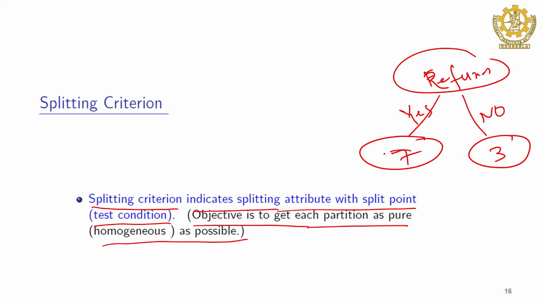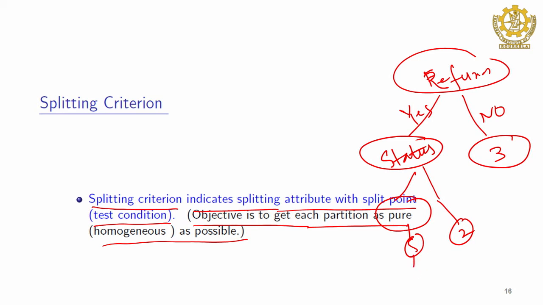Then out of this 7 you see the class levels of these objects, and if all class levels are not the same, then again you have to partition using some other attribute. So, let us say now you use the attribute marital status. Now, out of 7, 5 is here and 2 is here, and you see all 5 patterns belong to a single class.